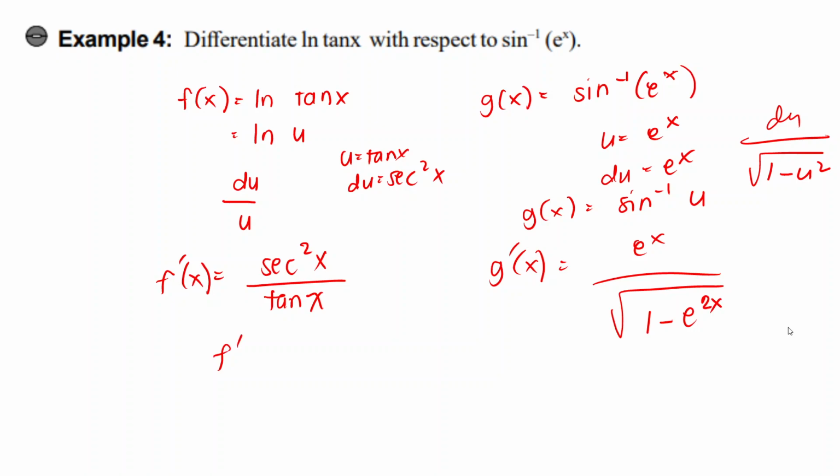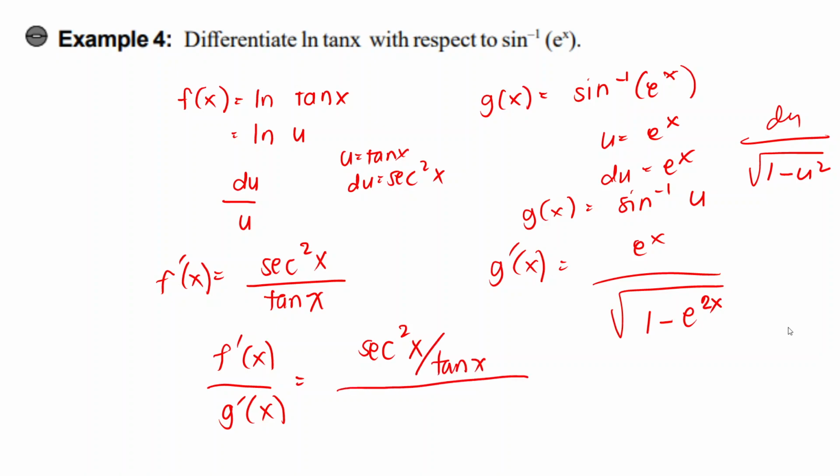So our final answer is f prime of x with respect to g prime of x: secant squared x over tangent x, over e to the x over square root of 1 minus e to the 2x. Okay, let's simplify.